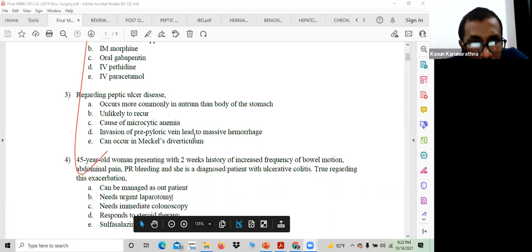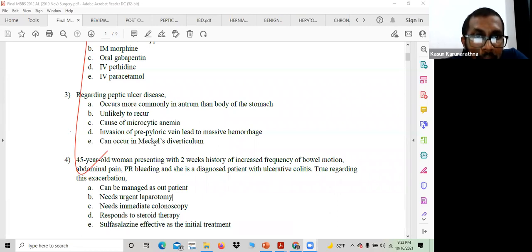Posterior ones are the ones which lead to bleeding due to invasion of the gastroduodenal artery. And it can occur in Meckel's diverticulum. Yes, because Meckel's diverticulum carries gastric epithelium, and it's a place of peptic ulcer development, right?